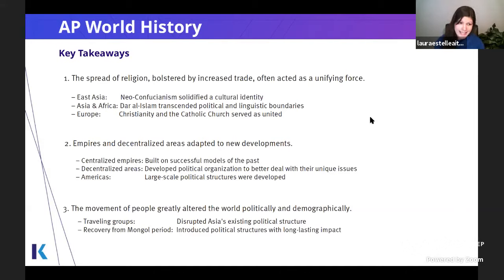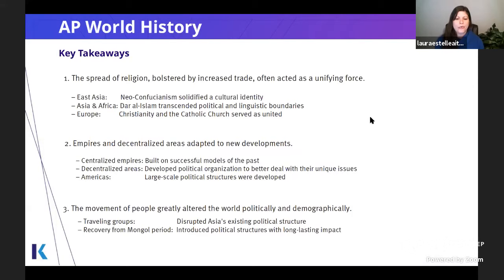The first one is the spread of religion. This is an interesting one because, like I said before, the course last year and for years before that started at 6000 BCE, and so it included a lot of religion. There's still religion, certainly, from 1200 to present day, but it's not so much about the founding of the religions, but how religions impact political considerations, how the religions impact exploration.